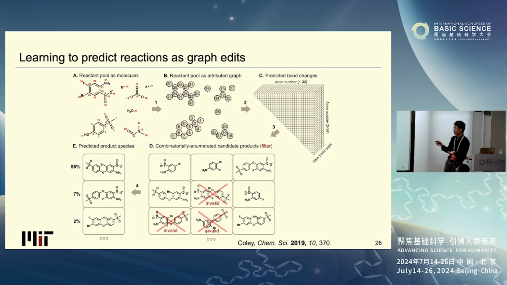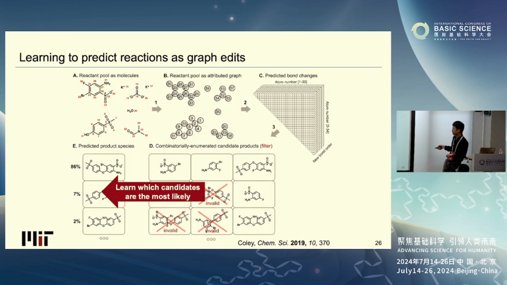So later, this approach was further developed into a template-free one. Now we can treat the molecules as graphs, first identify the reaction center, and then treat the reactions as graph edits to these molecular graphs.